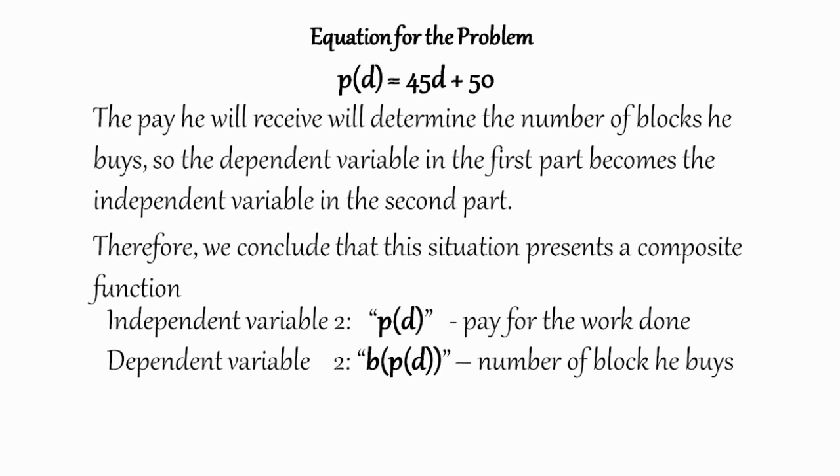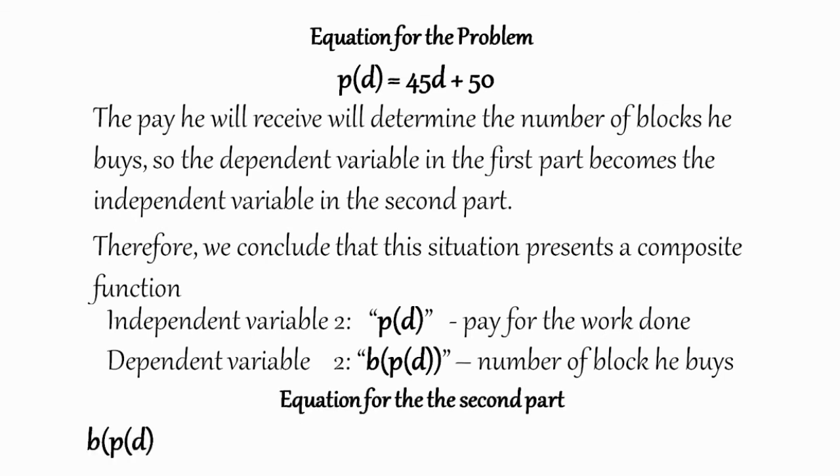So then our equation now for modeling the second part will be B of P of D, which is the number of blocks, will be the total pay plus the $200 that he has divided by the cost of each block, which is 1.5.